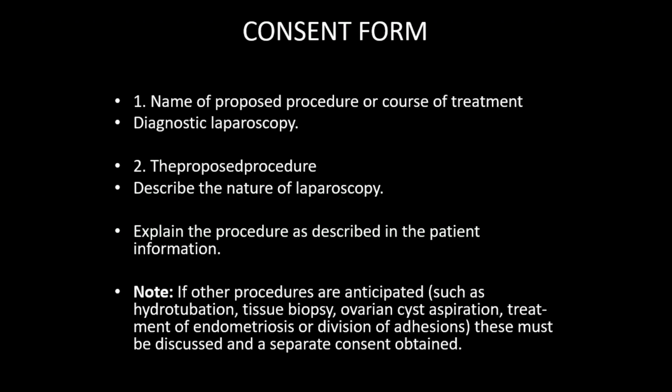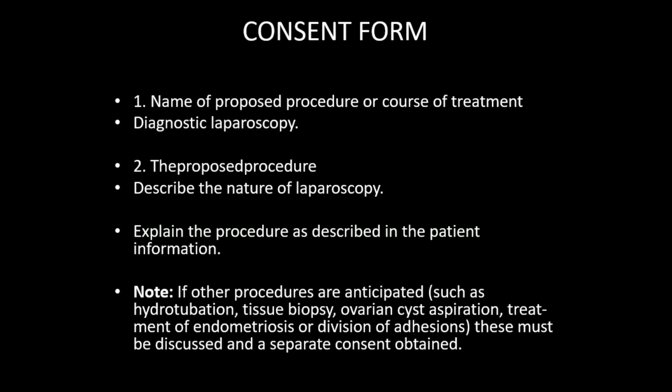Number 4, explain the steps of procedure to the patient. Number 5, explain possible complications as we discussed before. Number 6, in the consent form, a very important item, you have to discuss possible additional procedures. In laparoscopy consent form, for example, you should discuss with the patient possibilities for laparotomy.